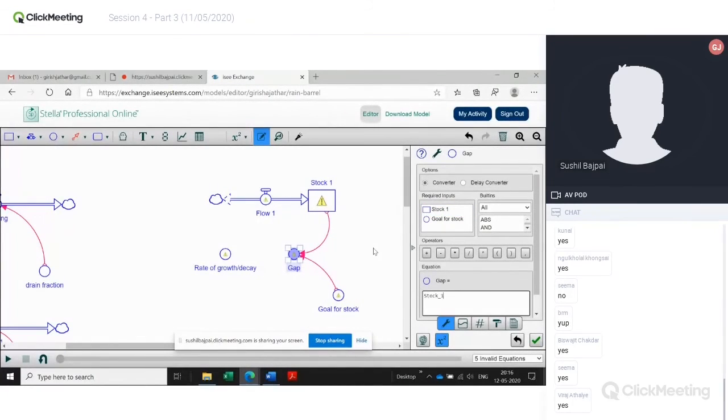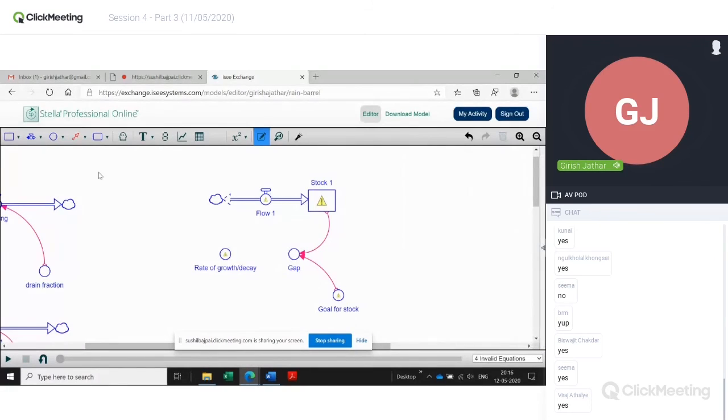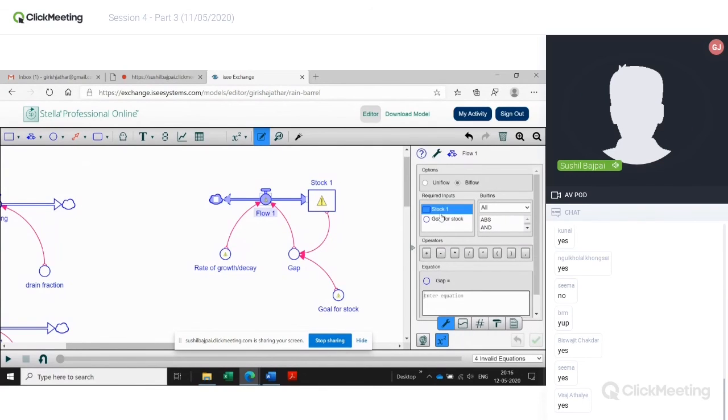First equation is stock minus goal for stock. Yeah, exactly. Now from gap to flow one, and rate of growth or decay to flow one. So here the equation would be gap multiplied by rate of growth or decay.